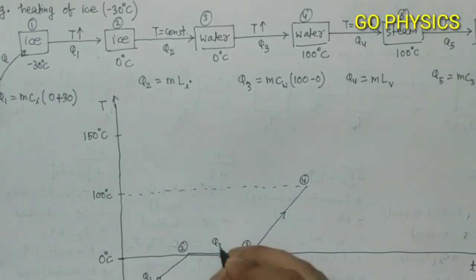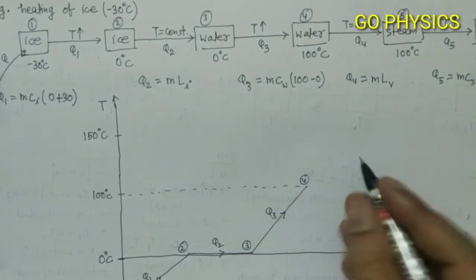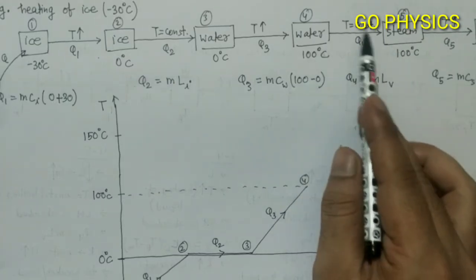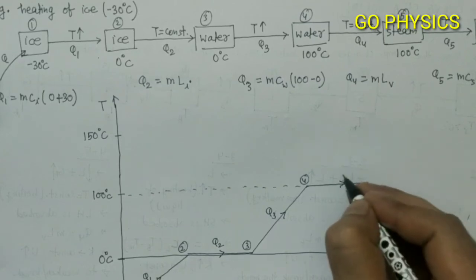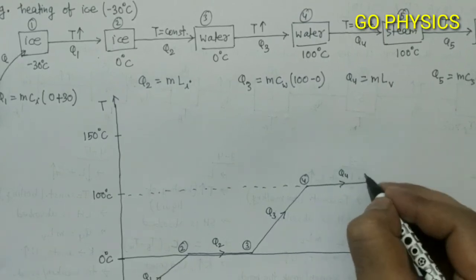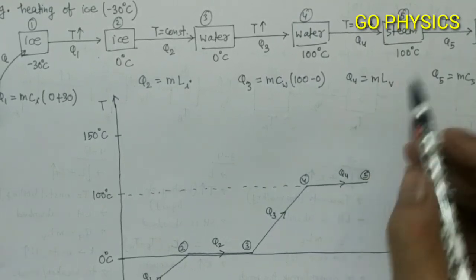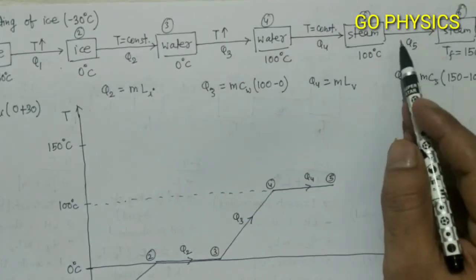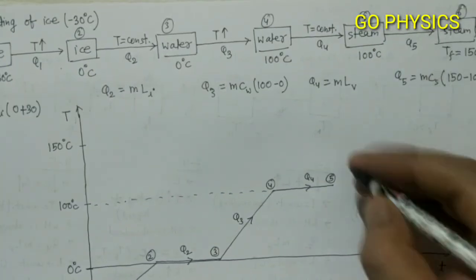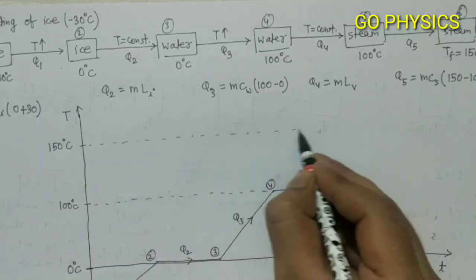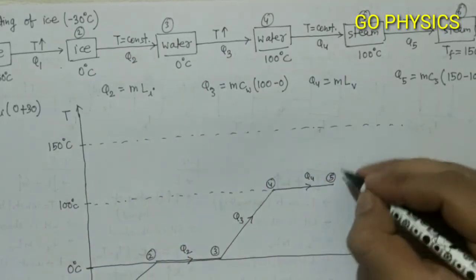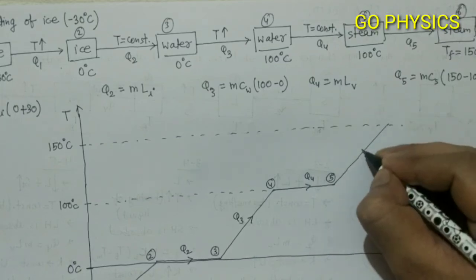Here Q2 amount of heat is absorbed, here Q3 amount of heat is absorbed. Now from 4 to 5, temperature remains constant, so we will get a horizontal line. Now during the process 5 to 6, temperature is continuously rising, so we will get an inclined line to reach the final temperature of 150 degrees Celsius.